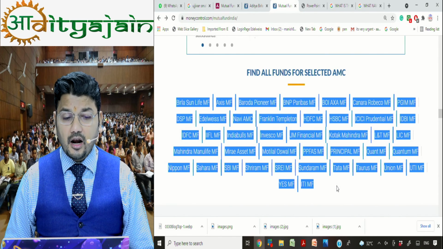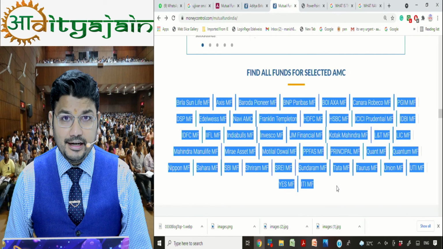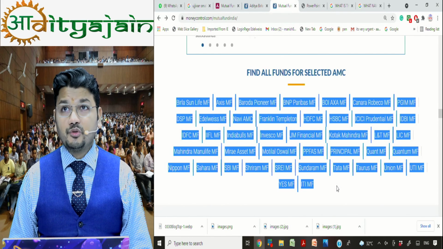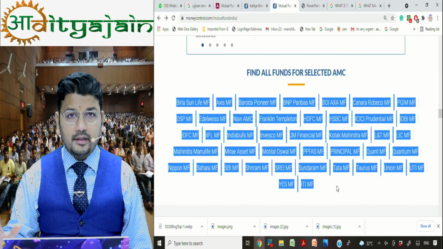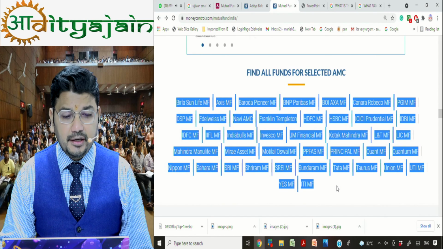You can see there are lots of mutual funds operating in India, and all of them have their separate schemes.